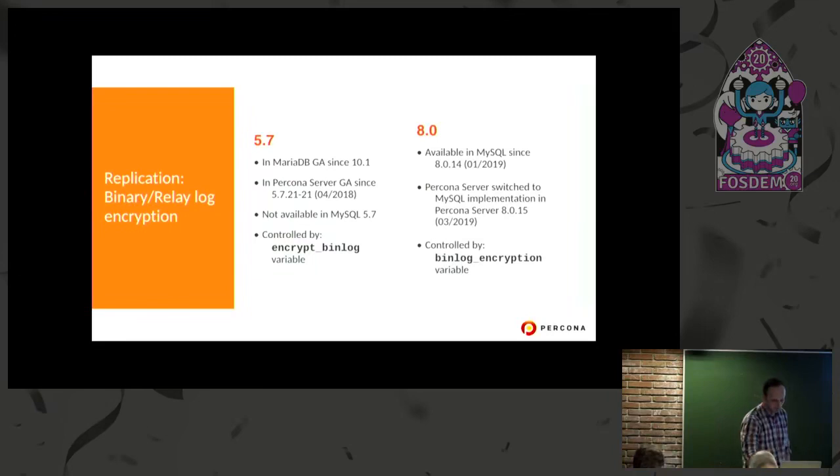So that sucks. But the thing is, the binlog is only being encrypted on the disk, so you still need to set up TLS for the replication to get the data encrypted across the network.